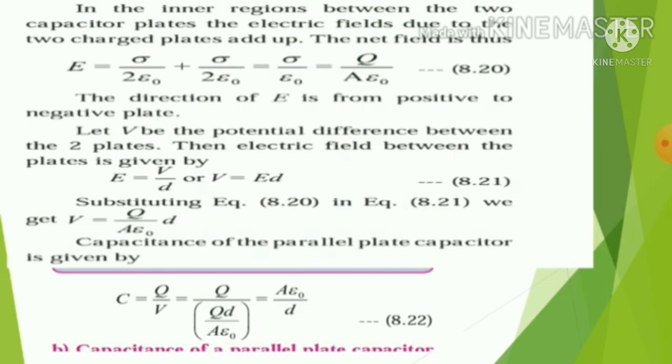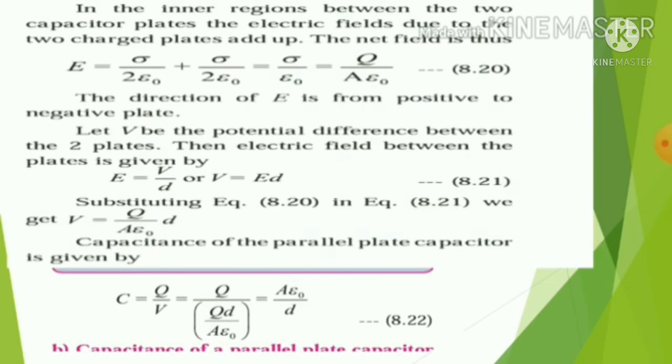From this definition, sigma equal to Q upon A. Substituting this value of sigma here, we can write capital E equal to Q upon A epsilon 0.